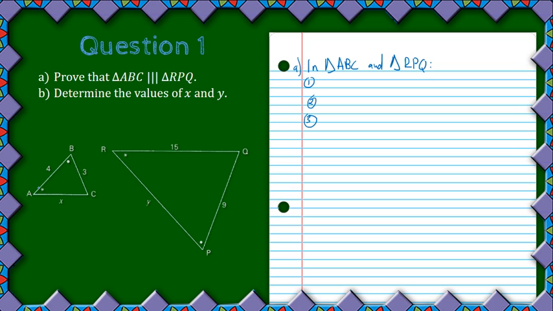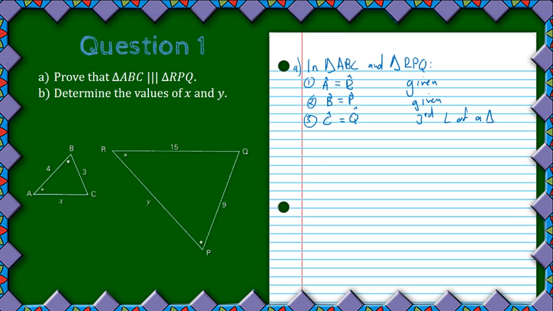So let's start with A is equal to R, so angle A is equal to angle R, and our reason simply is given. Then angle B is equal to angle P, and that's also given. And then we can say that angle C is equal to angle Q, and our reason is third angle of a triangle.